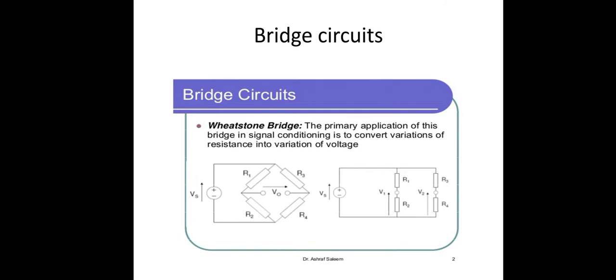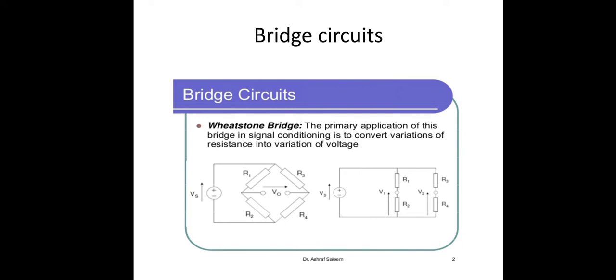Bridge circuits are therefore of considerable interest, while simple resistance bridge circuits are widely used. In its simplest form, the bridge is excited by a voltage, either AC or DC.